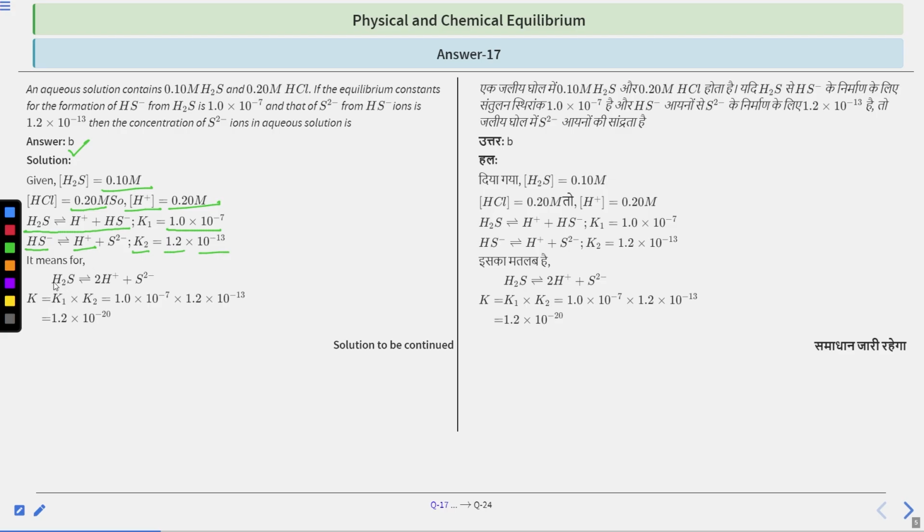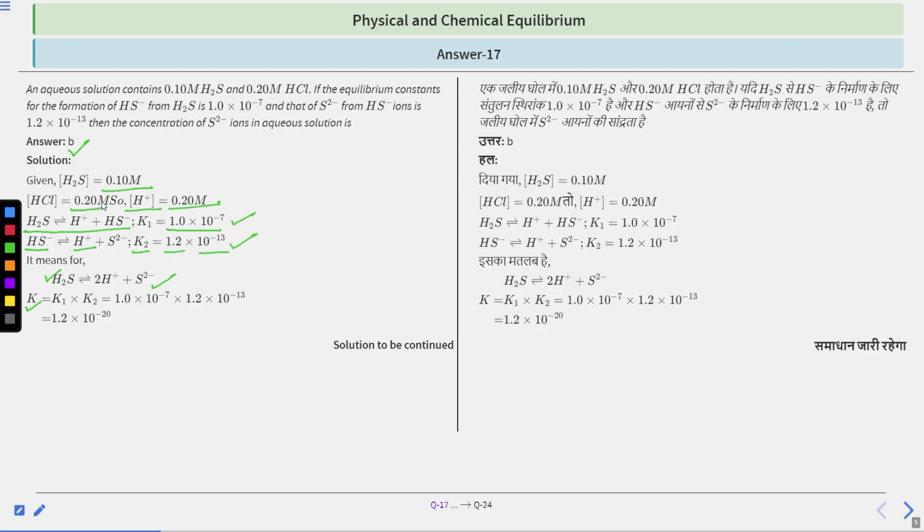It means that for the reaction H2S dissociating into 2H positive plus S2 negative, the equilibrium constant will be K1 multiplied by K2. That means if we add these two reactions, their equilibrium constants get multiplied.